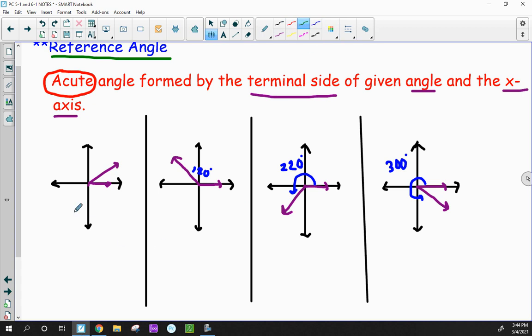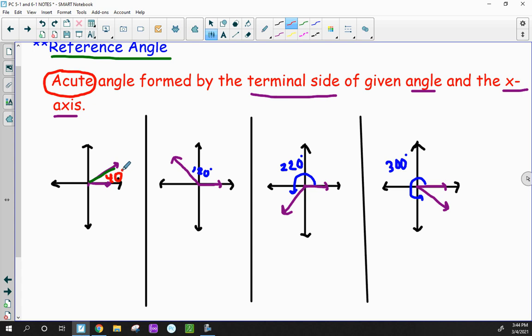For the first one, you notice that the angle is opening up and only landing in the first quadrant. I'm going to highlight the terminal side in green. According to the definition again, we're looking for the angle formed by the terminal side and the x-axis. And what I should have done before we started is give you the actual angle for that.